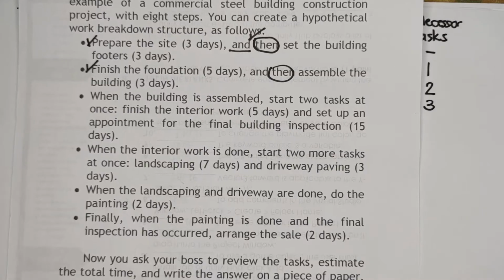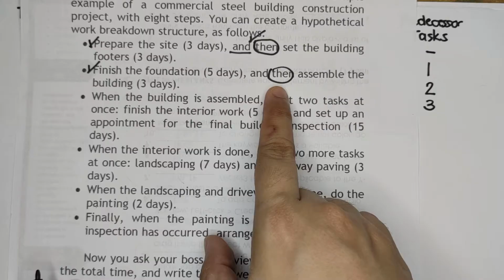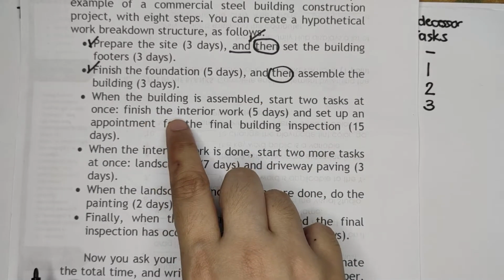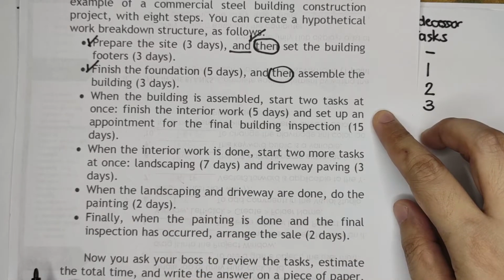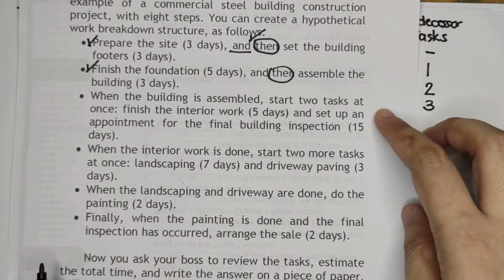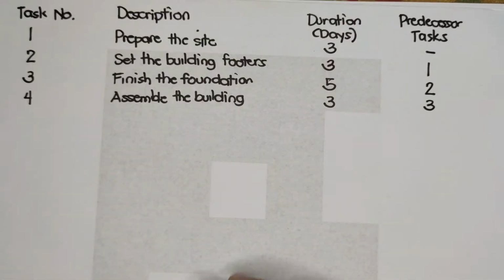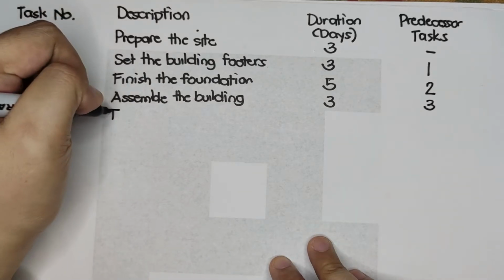Okay. Next, let's get back again to the problem. When the building is assembled, so when task number 4 is finished, start 2 tasks at once. Finish the interior work in 5 days and set up an appointment for the final building inspection, which is 15 days. So we have task number 5. Task number 5 is finish the interior work.